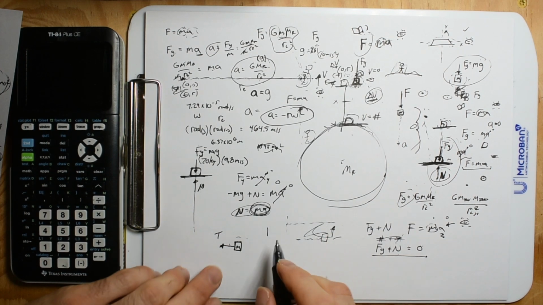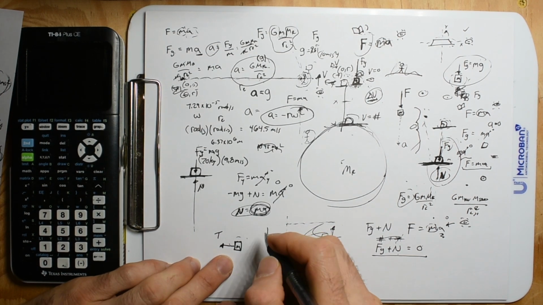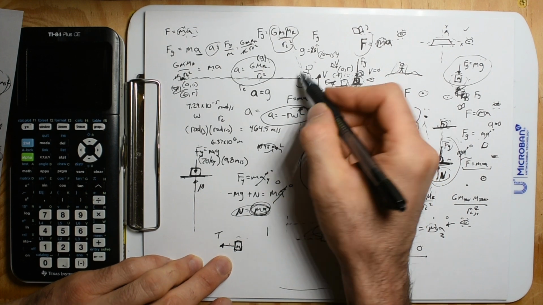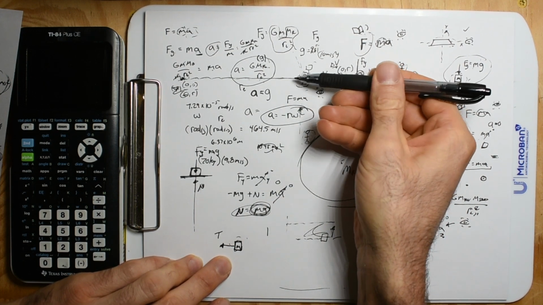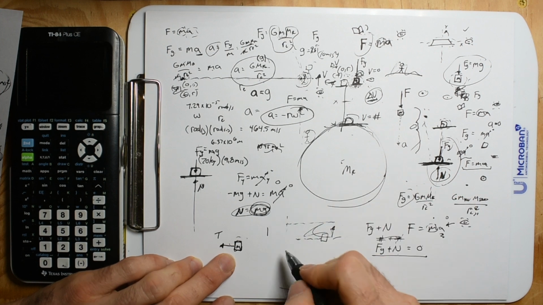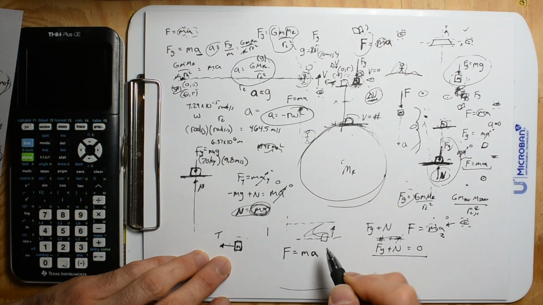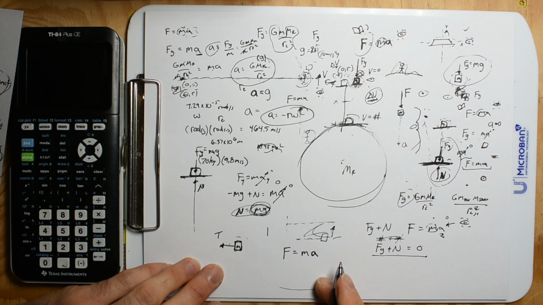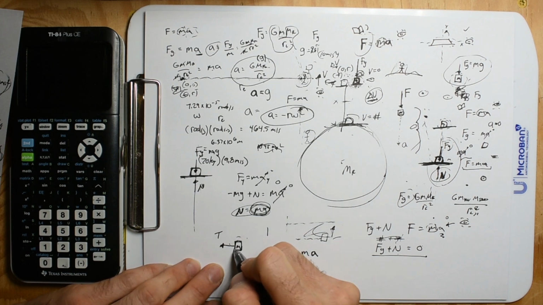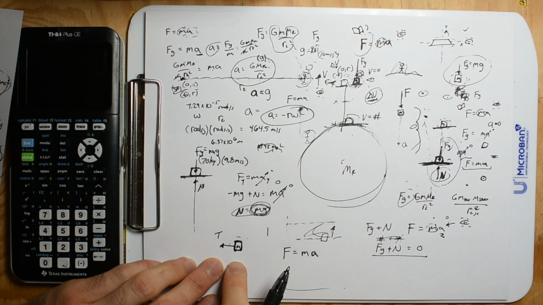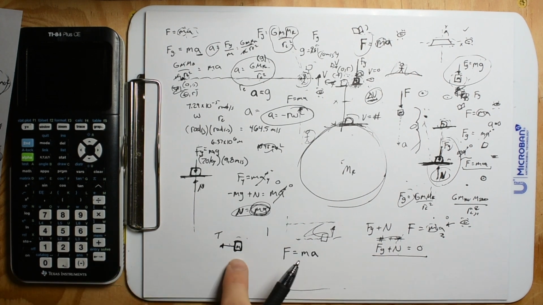But let's see if we can intuit it for our drawing. This is the bummer about the F equals ma diagram, because this is where I get confused.